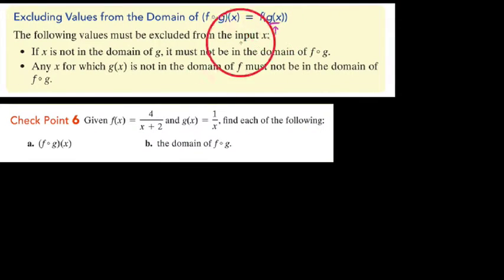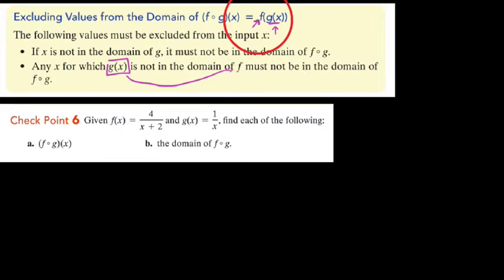Now, the second stipulation is that any x for which g of x is not in the domain of f must not be in the domain of f of g. In other words, we're plugging g of x into f, so the values of g of x are the domain values for f.